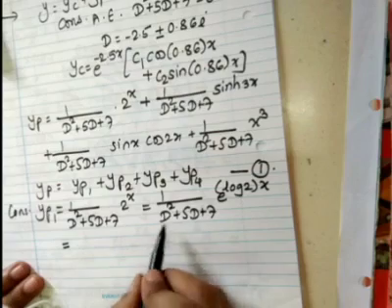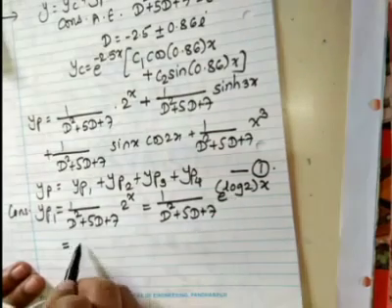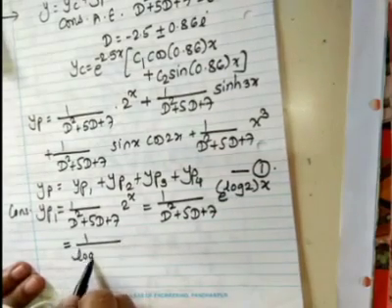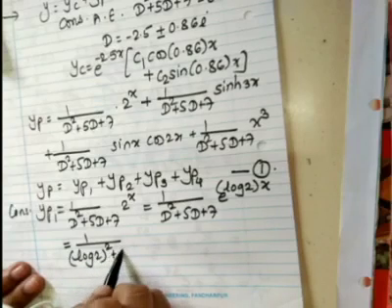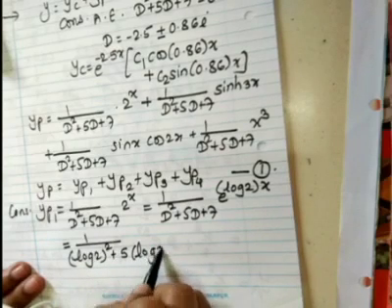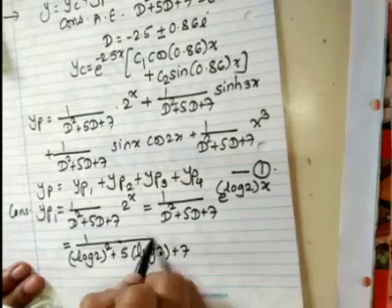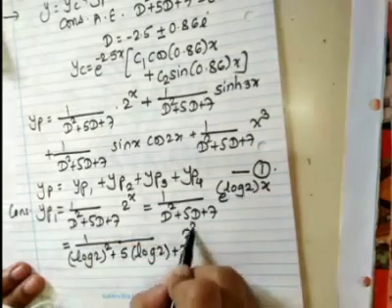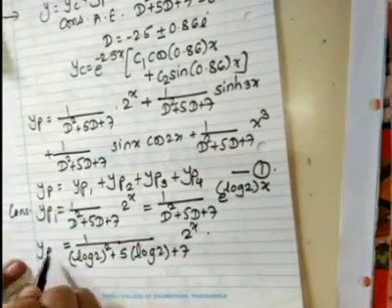That is, d will be replaced by log 2 in the denominator. So that is log 2 square plus 5 into log 2 plus 7 into e raised to log 2 x, that is nothing but 2 raised to x. So this is the yp1.